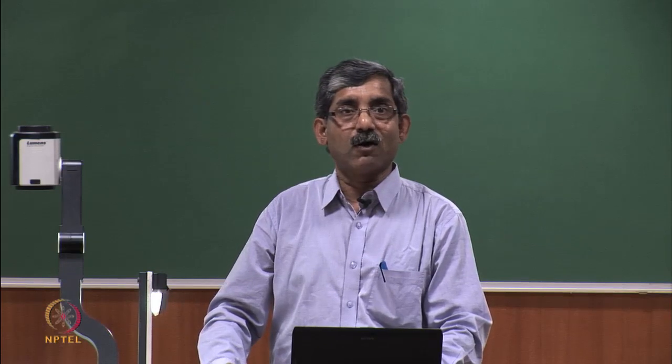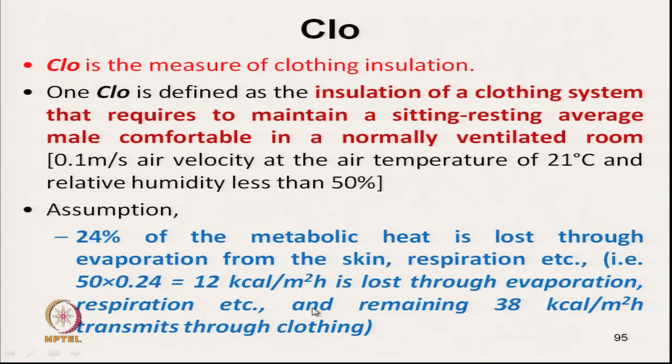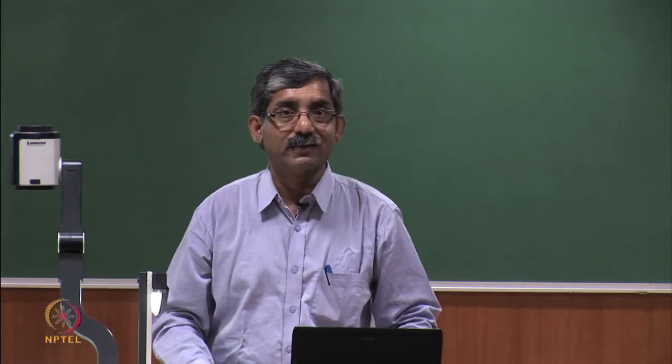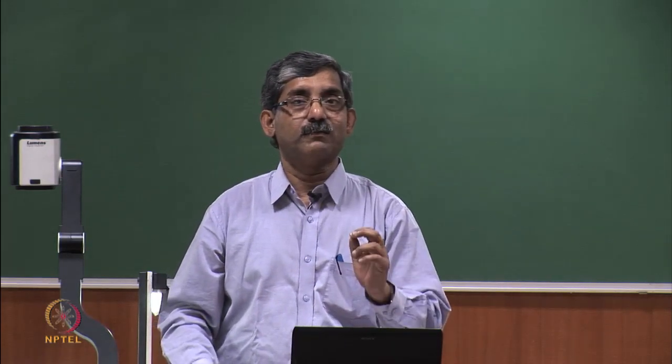So, 24% of 50 kilocalorie per square meter per hour comes out to be 12. 12 is the heat lost through evaporation and respiration, and the remaining 38 kilocalorie per square meter per hour is transmitted through the clothing. That much heat is required to be transmitted. The clothing insulation should take care of 38 kilocalorie per square meter per hour.